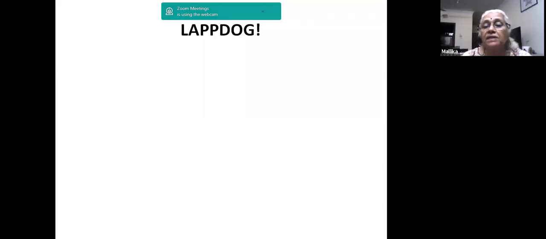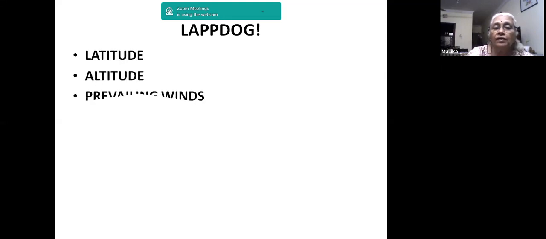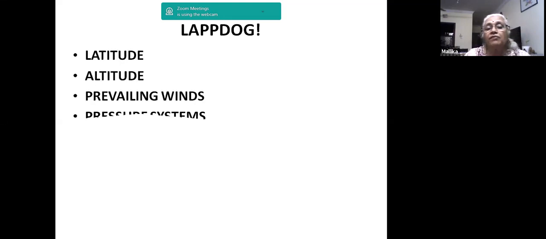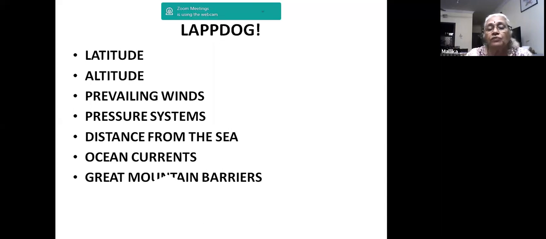Okay, right. So we come to the end of this, and these are the major factors that are affecting the climate of a place. L for latitude, A for altitude, P for prevailing winds, P for pressure systems, D for distance from the sea, O for ocean currents, and G for great mountain barriers.